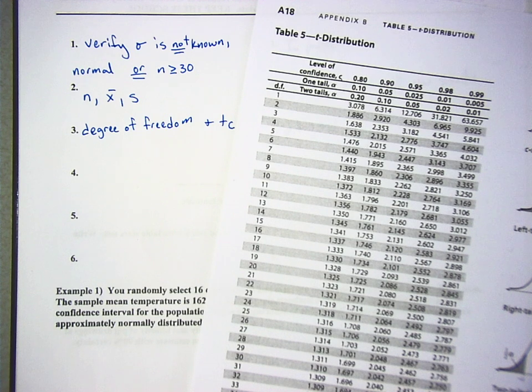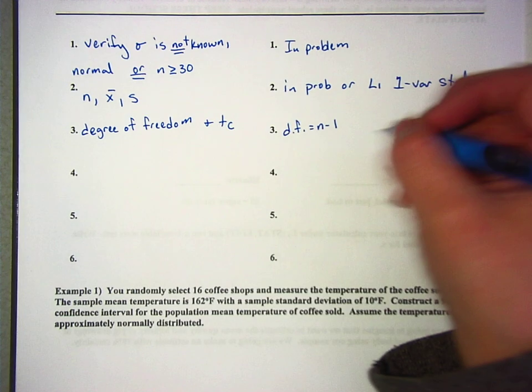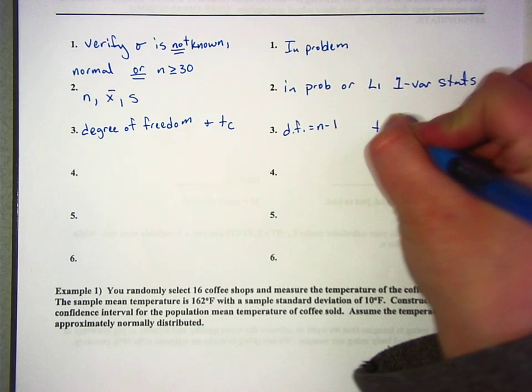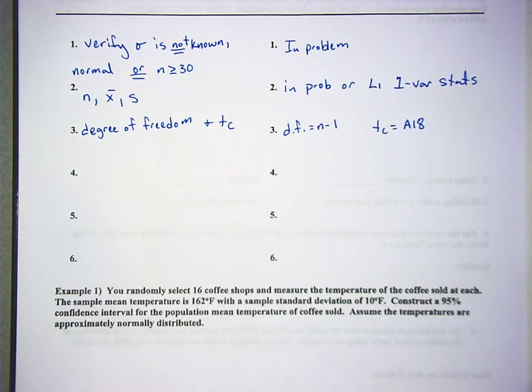That is all about hypothesis testing, and that is the next 2 chapters after this. So we'll be going back to this chart repeatedly. Okay, so degree of freedom is n minus 1. To find T sub C, you use page A18. I'm going to go down here.